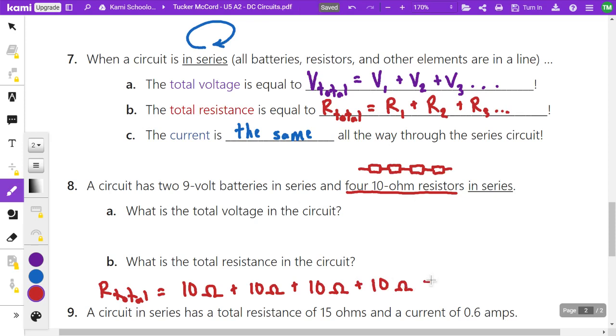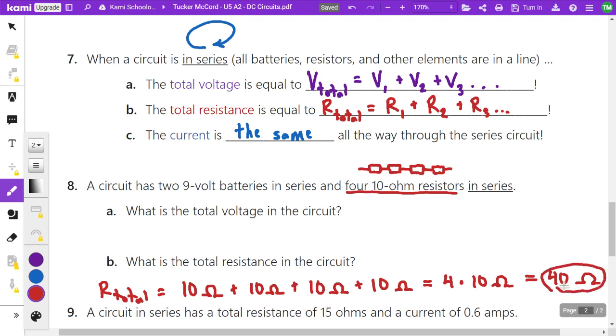Or if you have a whole bunch of them and you don't want to have to add them all up separately, you could say if all 4 of these are 10 ohms, I can skip having to add them all up separately and say 4 times 10 ohms should get me the same result, which should be equal to 40 ohms of resistance total in the circuit.